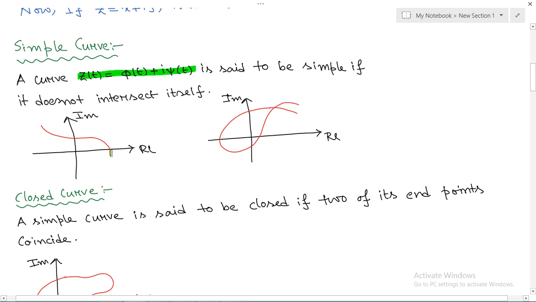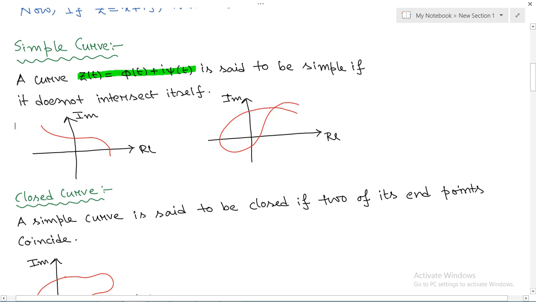Say this is our real axis and this is our imaginary axis. Here you can see one curve I have drawn. This curve is not intersecting itself. So if such a curve does not intersect itself, it is said to be a simple curve. But if the curve intersects itself at some intermediate point, that curve is not considered a simple curve.